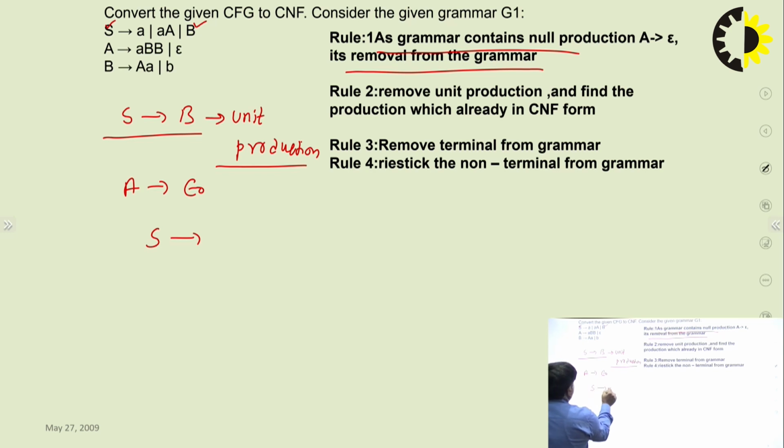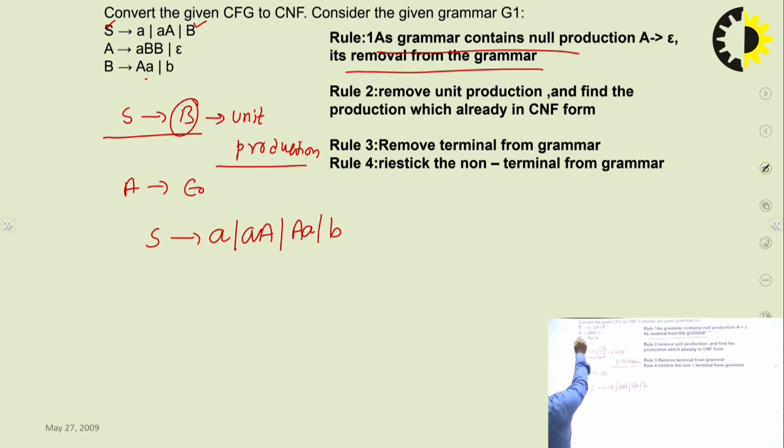So S tends to A and B. What does B produce? B produces small a and capital A and capital B. If we remove this unit production, then we replace it with the value of B, because B produces these two productions.